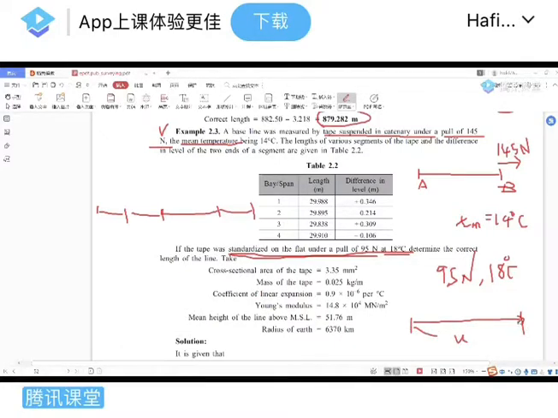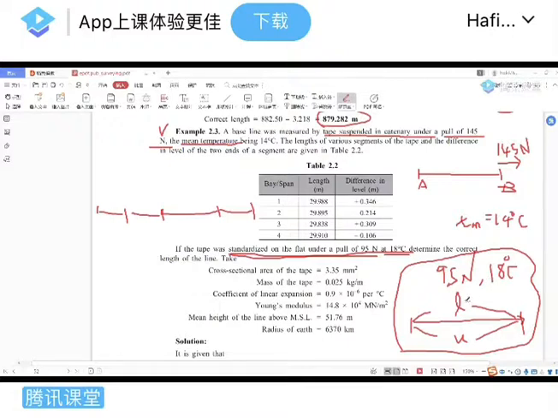This physical distance is called standardized. Of course, you have a nominal length over here. The physical one is this, and this is the nominal one. You call this one the standardized tape, standardized under 95 newtons and 18 degrees Celsius.